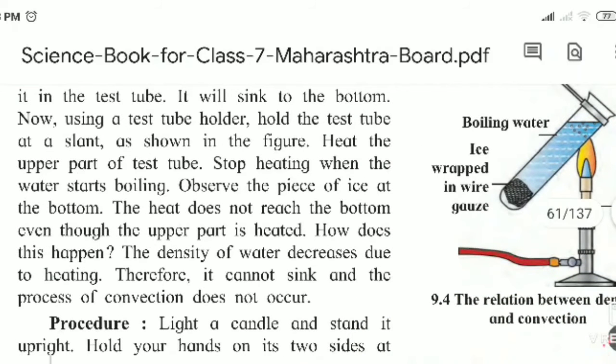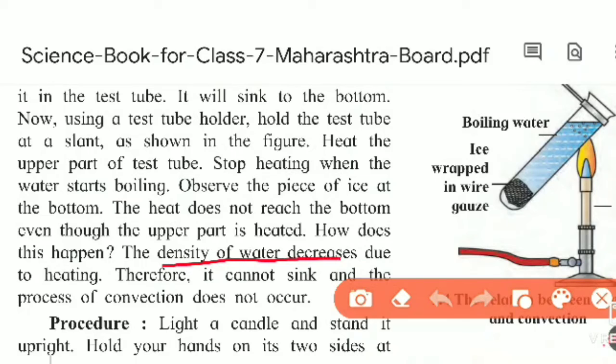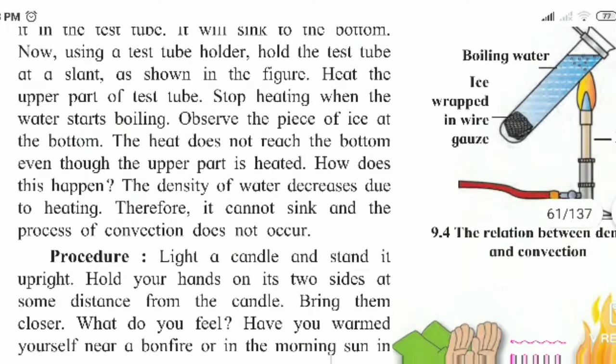Now stop heating when water starts boiling. Observe the piece of ice at the bottom. The heat does not reach the bottom. Okay, now how does this happen? The density of water decreases due to heating, and therefore it cannot sink, so the process of convection does not occur.